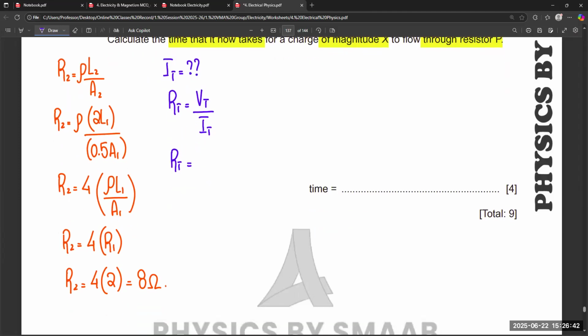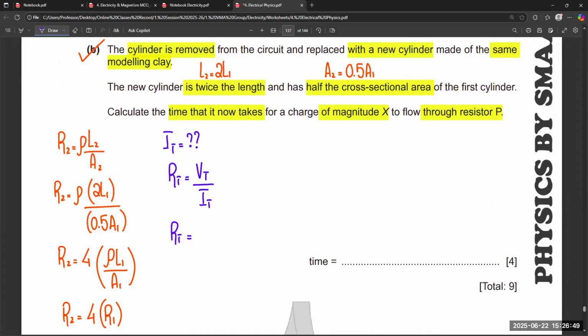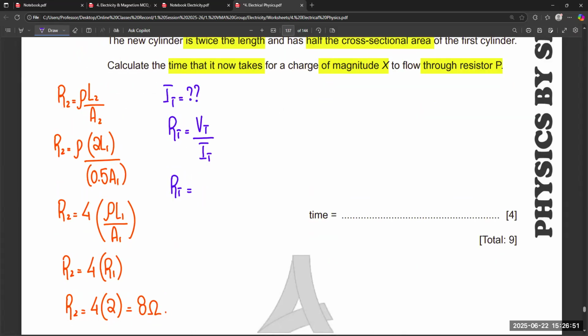So total voltage is 9 volt, just like the previous diagram, because voltage remains the same. It is not changed in this B part. The value of current is unknown.